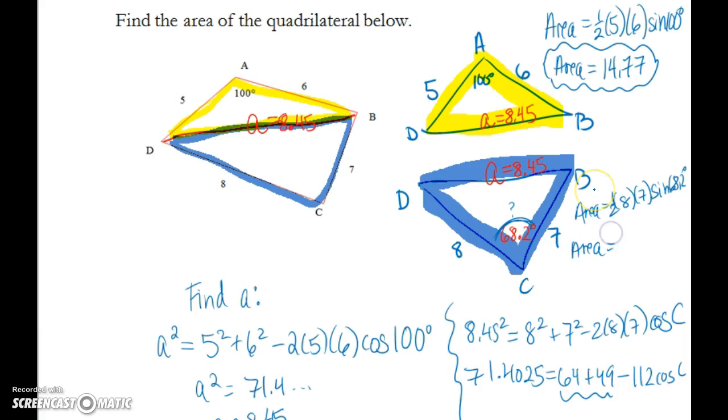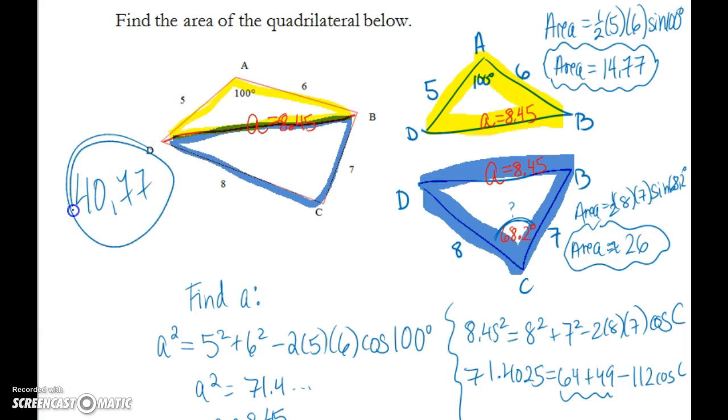Our area would be 1/2 times 8 times 7 times the sine of 68.2, and that's approximately 26. And so the area of the quadrilateral would be the sum of the areas of the yellow and blue triangles, 14.77 and 26, and that ends up being 40.77. And that's the area of the quadrilateral.